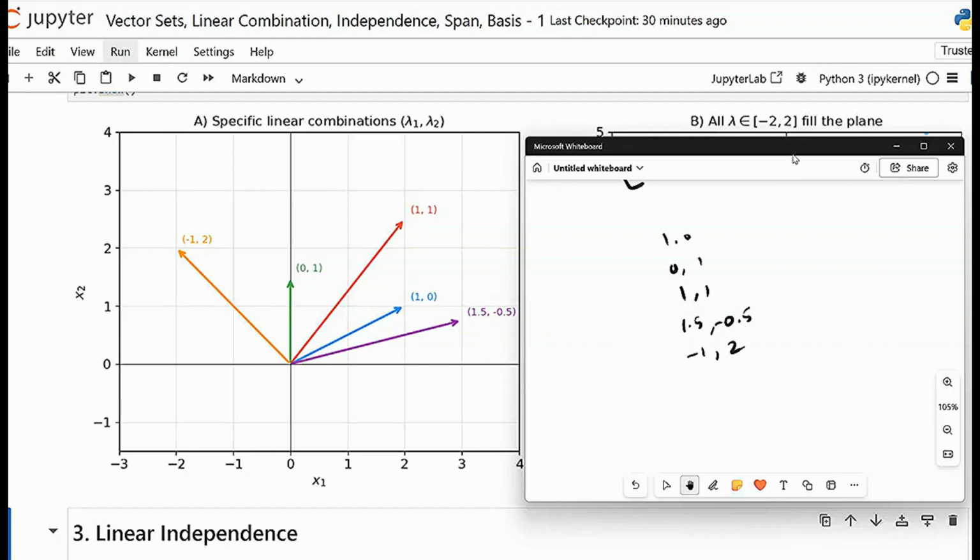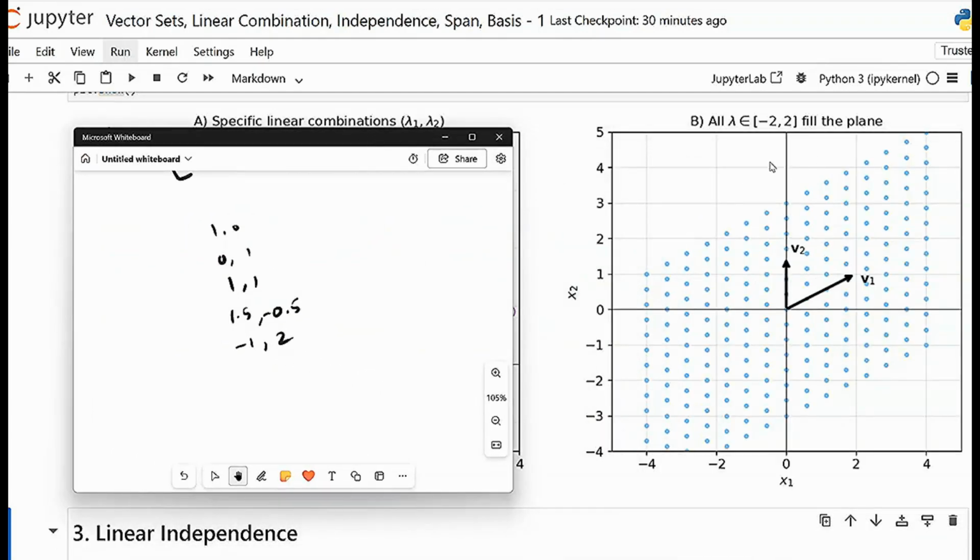And this is our panel B. It samples from -2 to +2, totally 15 samples on a grid, and plots all resulting vectors.